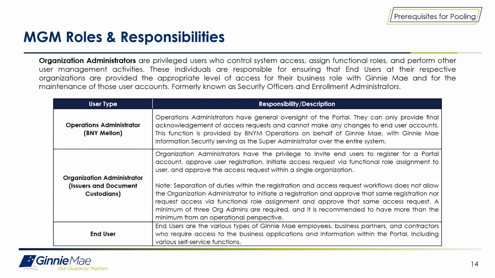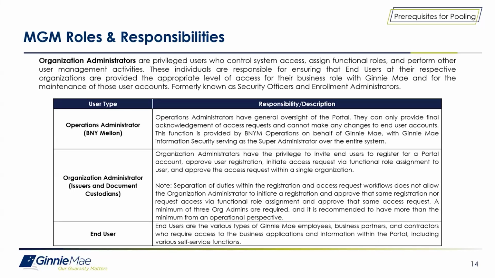The org admin have the privilege to invite end users to register for a portal account, approve user registration, initiate access requests via functional roles assignment to users, and approve the access requests within a single organization.